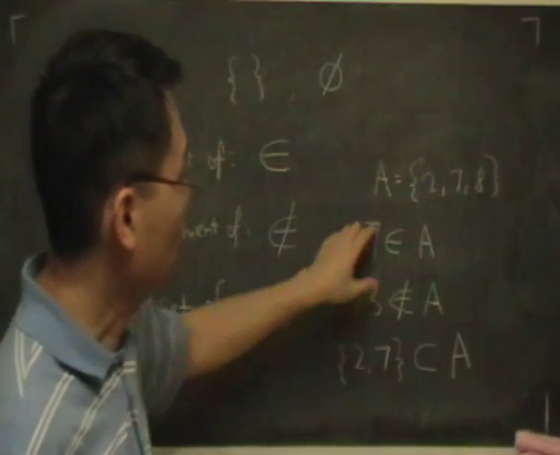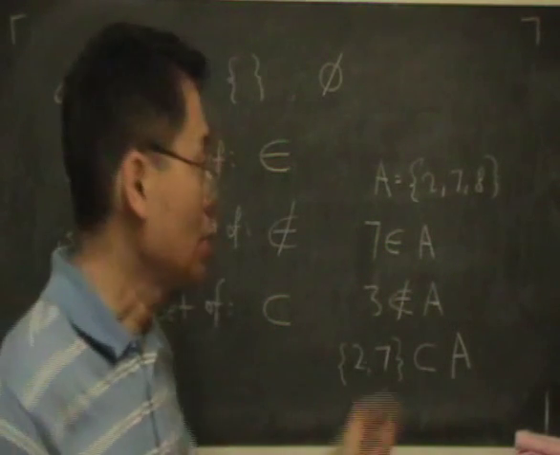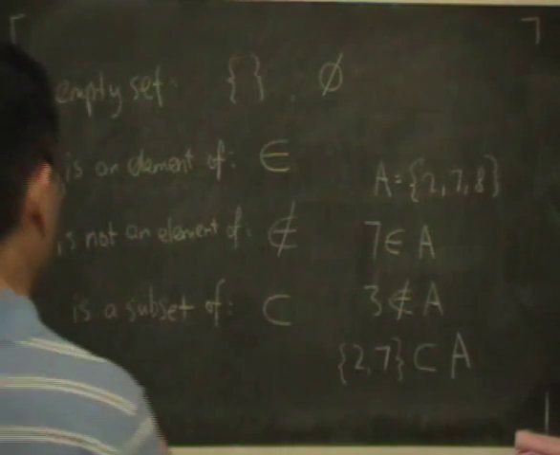Okay, so A itself is a subset of A. So I can write that down.